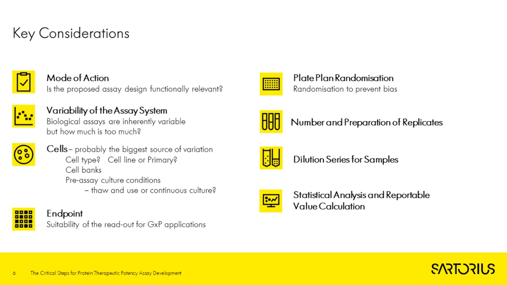So what about replicates? The more replicates we have, the more confidence we have in the results from a statistical perspective. But for that to be true, the replicates must be independent. If we prepare one dilution from our test sample and we use that to fill, for example, 3 wells to act as 3 replicates, they're not truly independent from each other because they come from the same dilution.